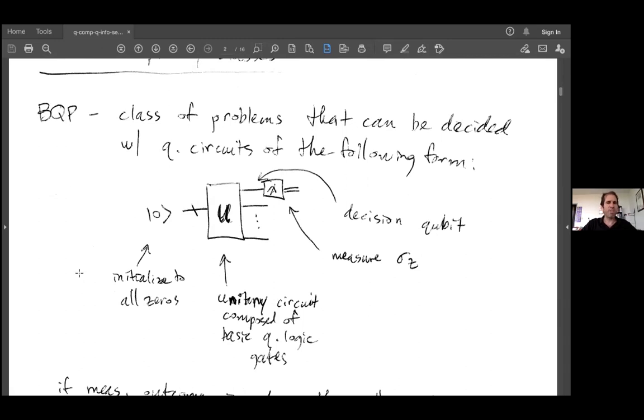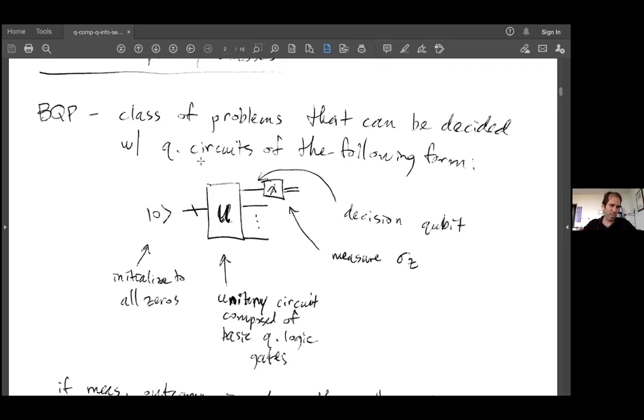I'm not going to be giving detailed, rigorous definitions of these complexity classes. I'm just trying to give you the intuition behind them. So BQP, I want you to think of it as the class of computational problems that can be decided with a quantum computation of this form.